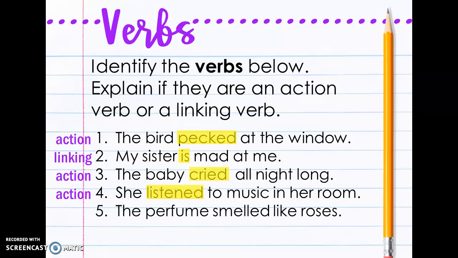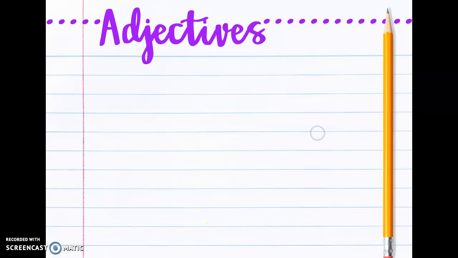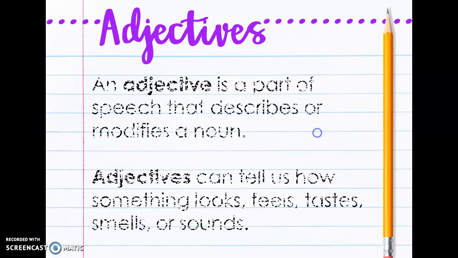The perfume smelled like roses. Smelled is our verb, and it is a linking verb. Mark sounds like a nice friend. Our verb is sounds, and it is a linking verb.